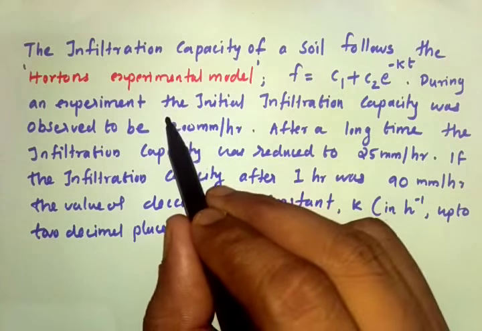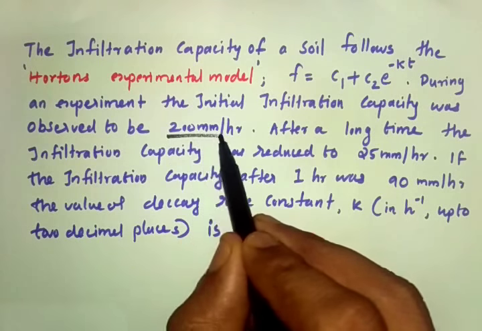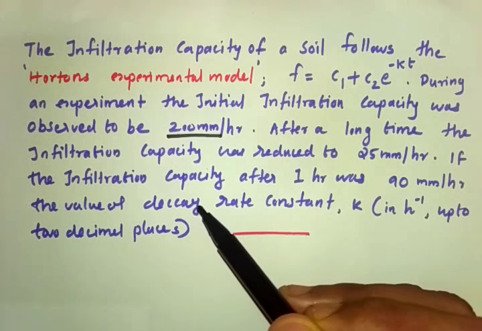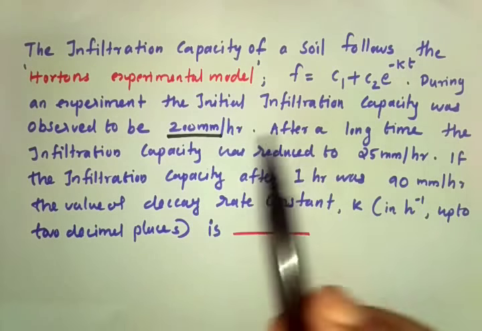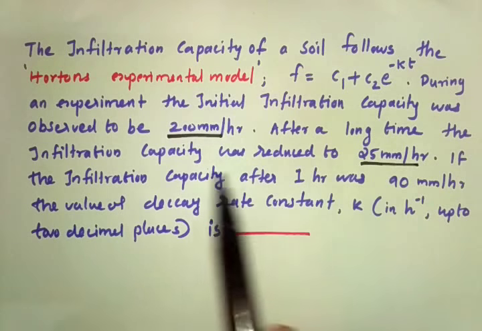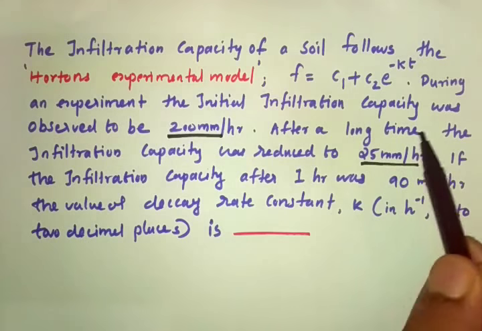During an experiment, the initial infiltration capacity was observed to be 200 mm per hour. After a long time, the infiltration capacity was reduced to 25 mm per hour, and the time is not specific, just given as a long time.